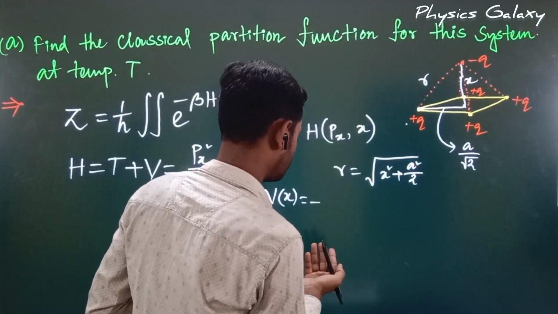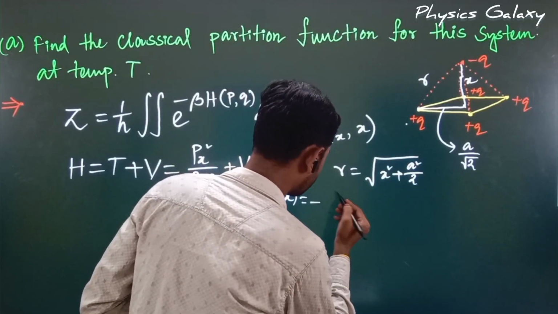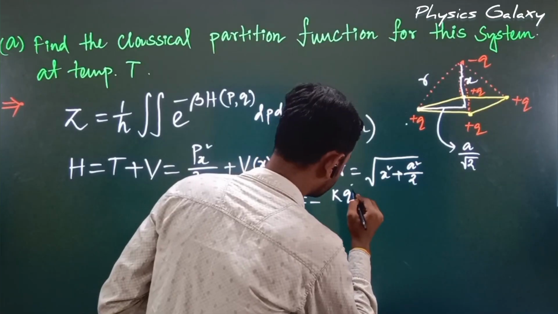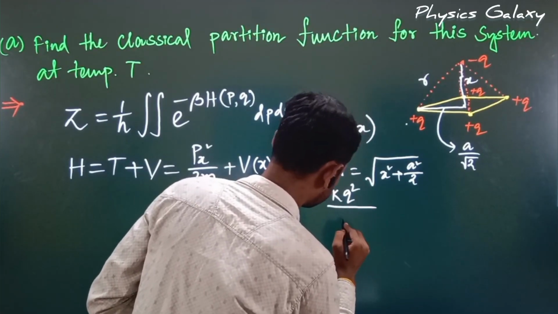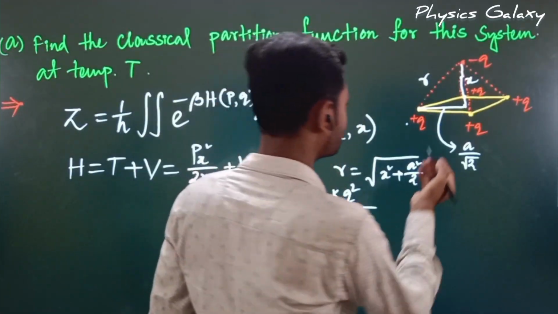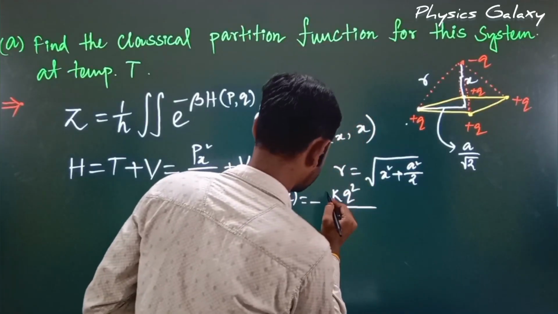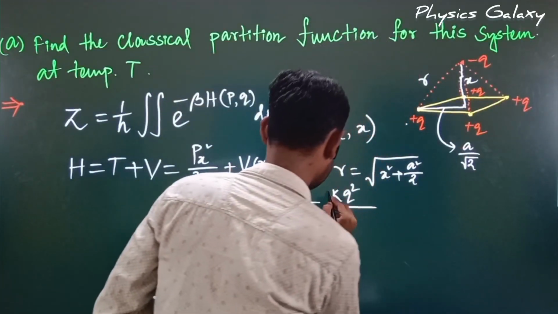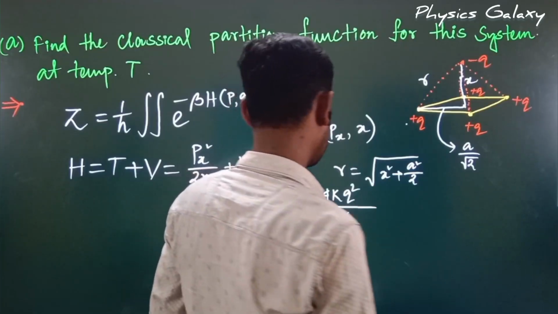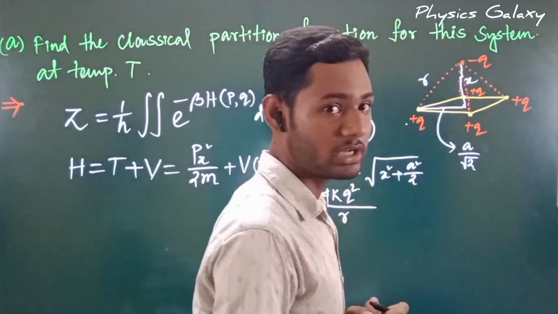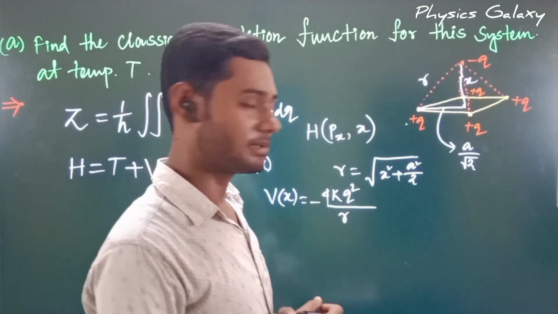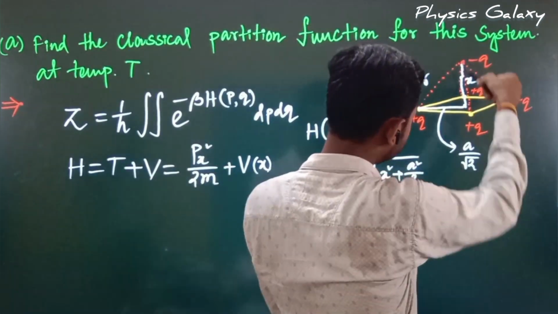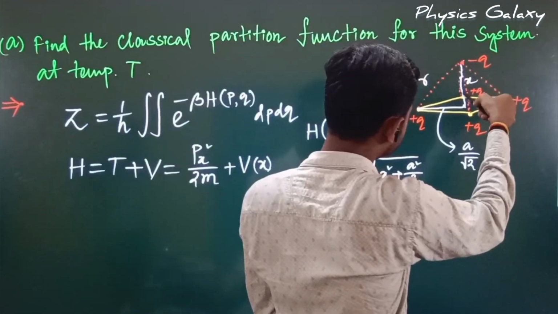minus k q square by r, and for these 4 charges there is a factor of 4, because we have to write the total potential energy of the system. That includes the interaction between this and this, this and this, and this charge.